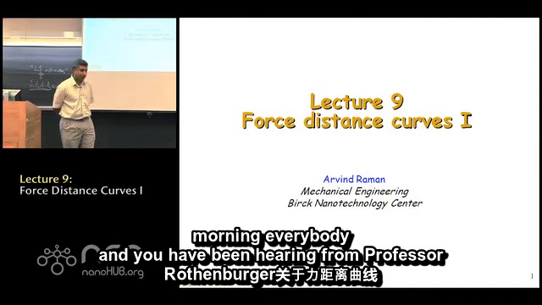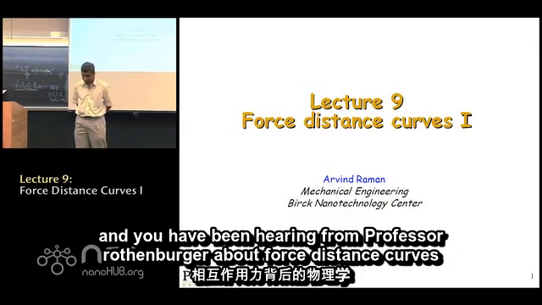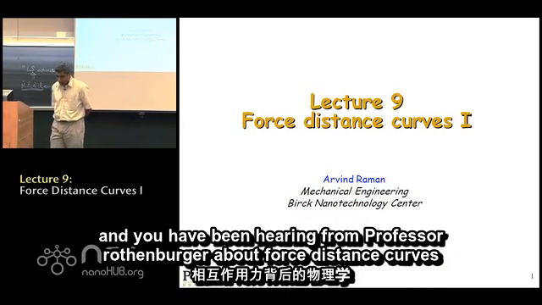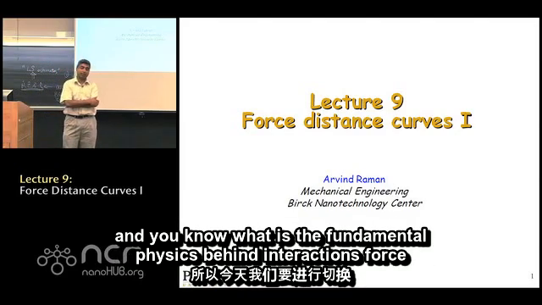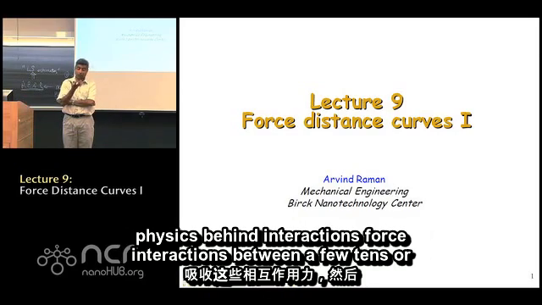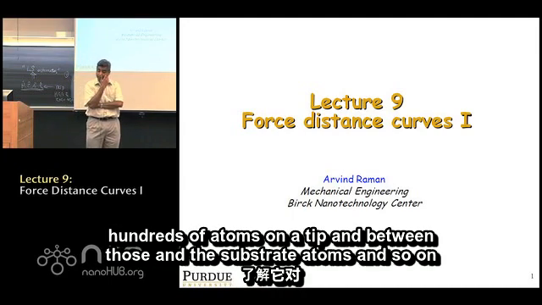You have been hearing from Professor Reifenberger about force distance curves and the fundamental physics behind interactions, force interactions between a few tens or hundreds of atoms on a tip and the substrate atoms.